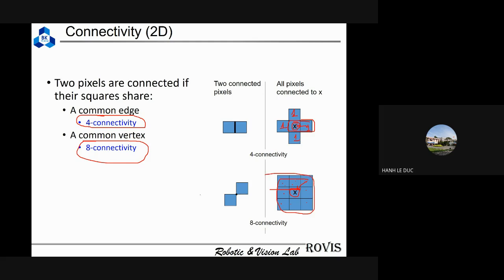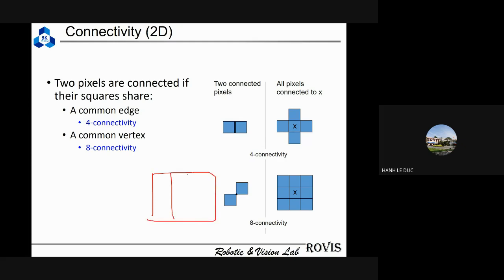For example, if we have an object like this and we apply the four connected component, what will happen? This one will connect, this one will connect, this one will connect. So if we use the eight connected component, it will be one object.